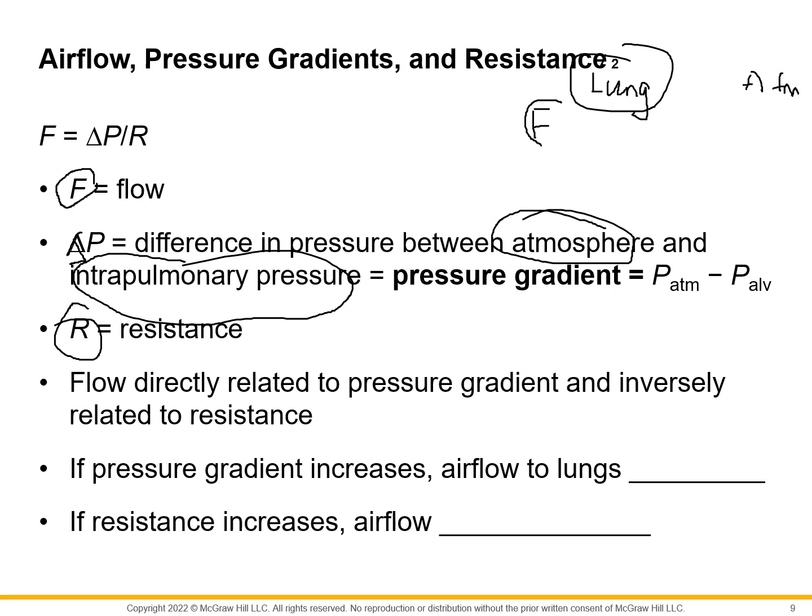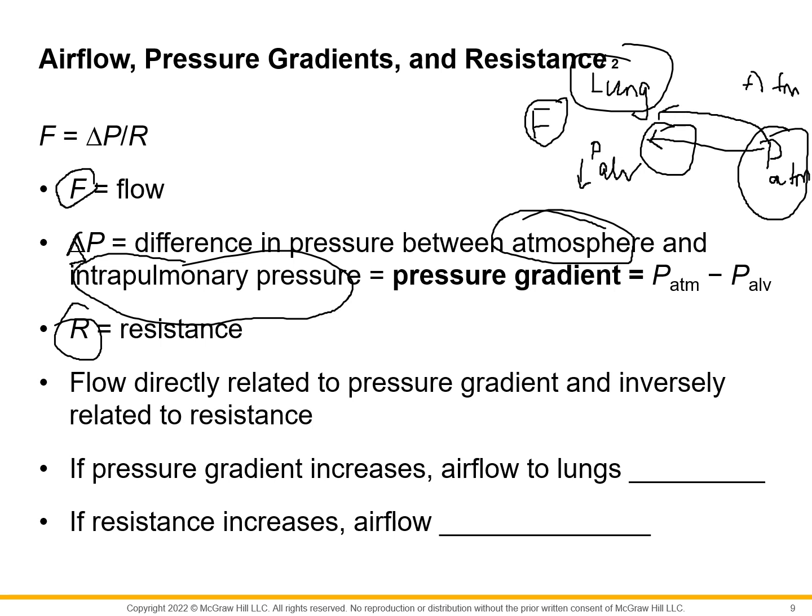Flow happens from atmosphere to lung when lung pressure, P_alv, is lesser than atmospheric pressure, P_atm. When this is at higher pressure and this is at lower pressure, air is going to flow from atmosphere to lung.